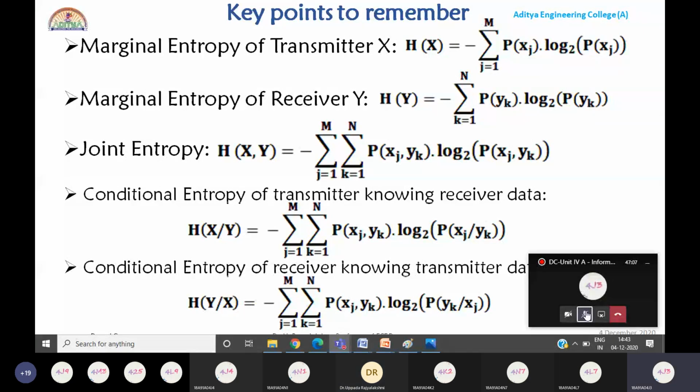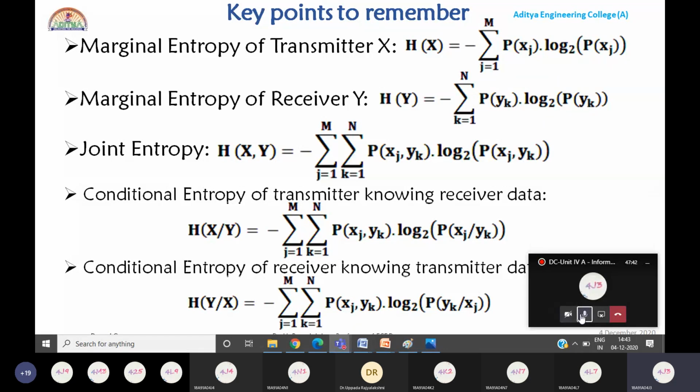Marginal entropy of receiver h of y equals to minus summation k equals to 1 to n p of yk log base 2 p of yk. Joint entropy of transmitter and receiver h of x comma y equals to minus summation of j equals to 1 to m summation of k equals to 1 to n p of xj comma yk log base 2 p of xj comma yk.